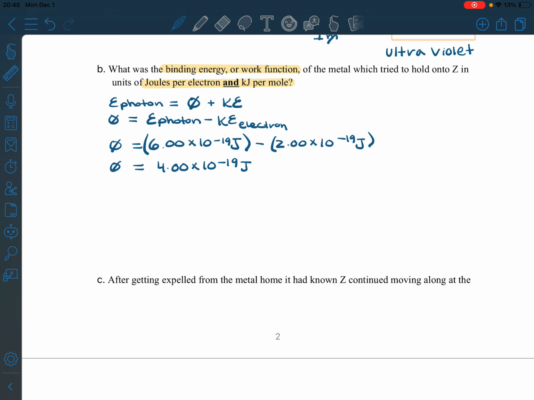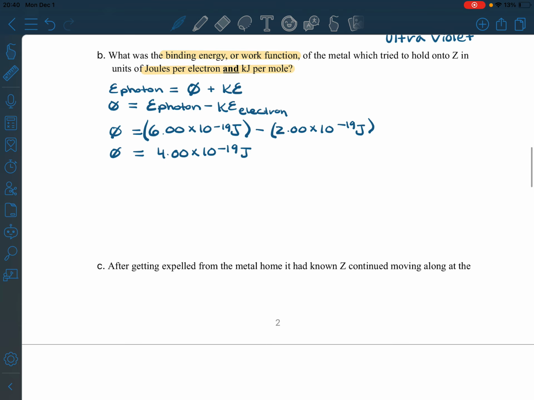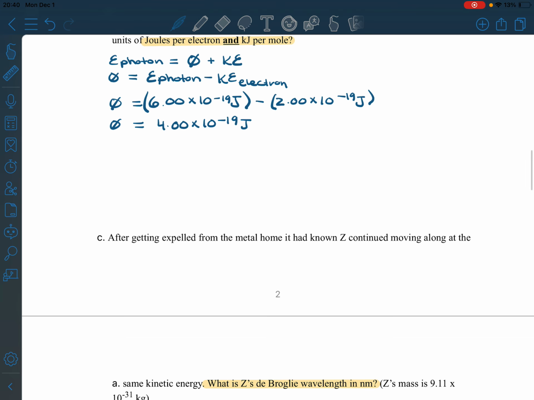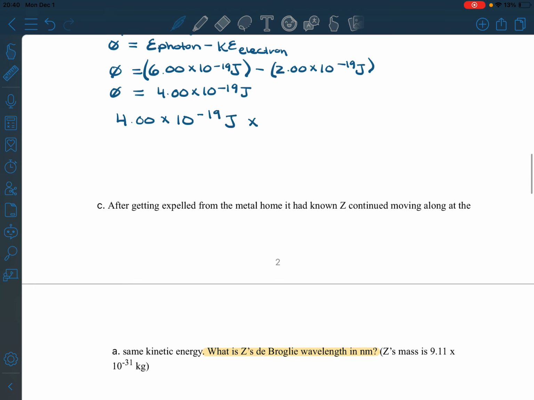So what I'm going to do is take this value, which is in joules, and multiply it.